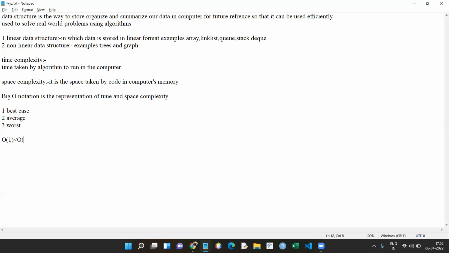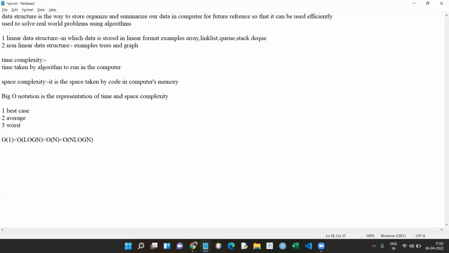Then big O of log n, which is logarithmic time complexity. Big O of n log n is greater than big O of n.